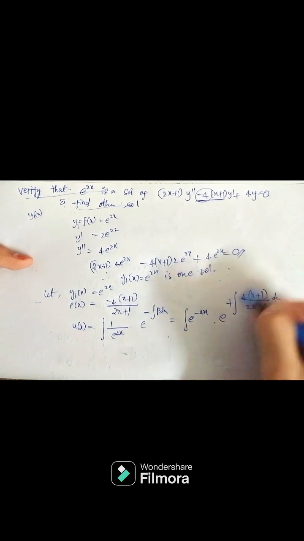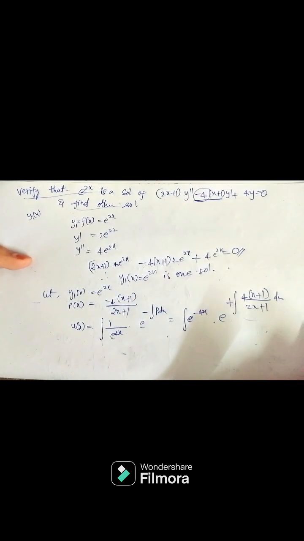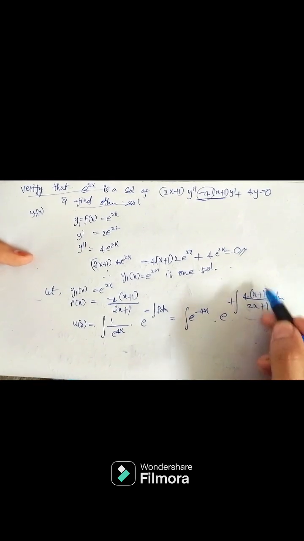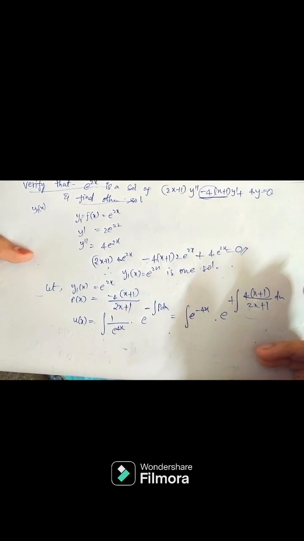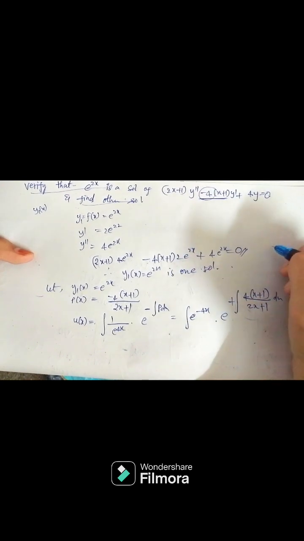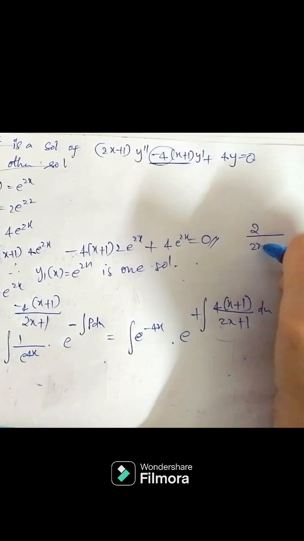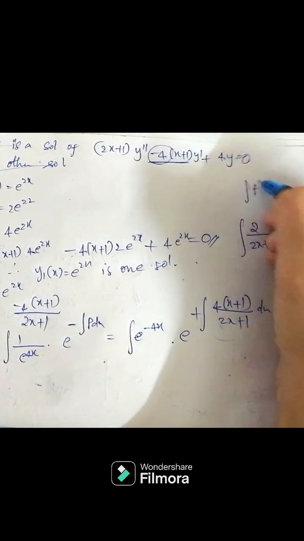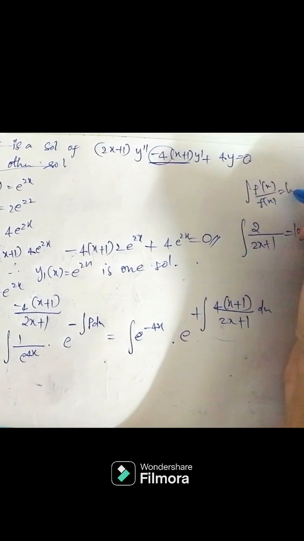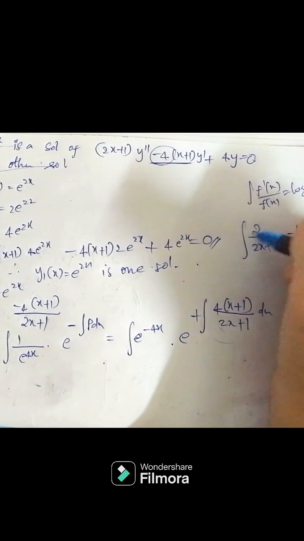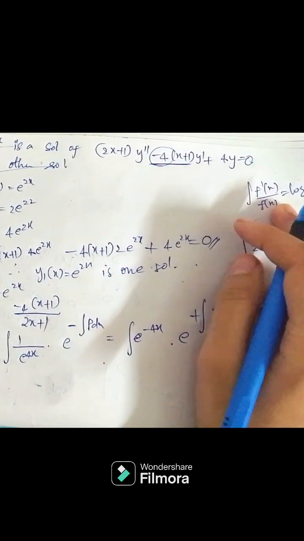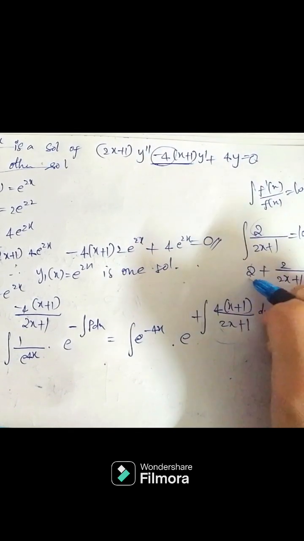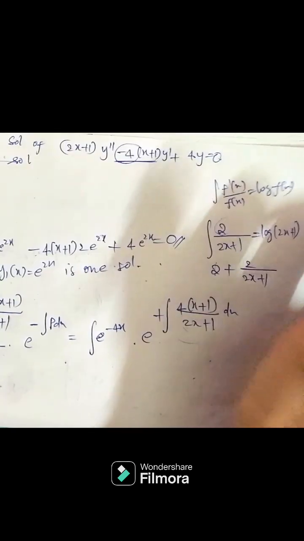We should use the trial and error method, which means, see, what is the derivative of 2x plus 1? If 2 is there, I would have written easily log of 2x plus 1, right? So 2 by (2x plus 1) integral is log of 2x plus 1, because the integral of f dash of x by f of x is log f of x, right? But I don't have 2 here. I have something like this. So by trial and error, if I put 1, next I put 2, then 2 into 2, so it's satisfying.